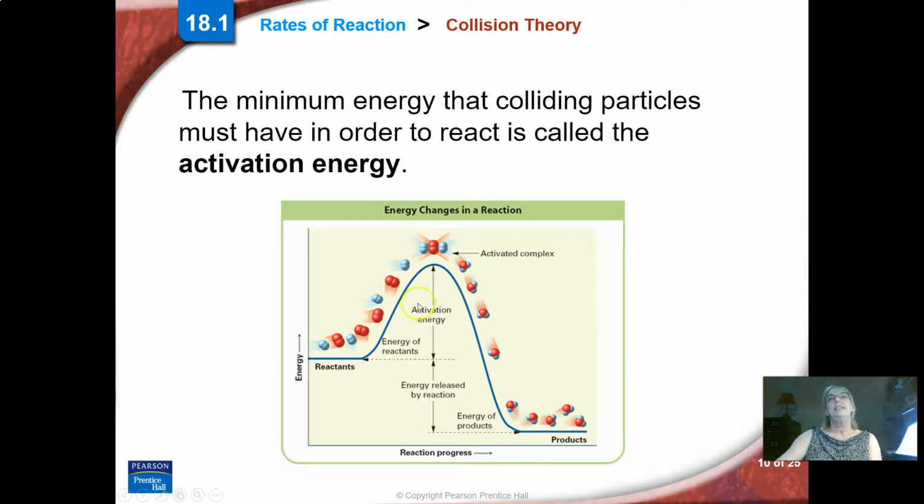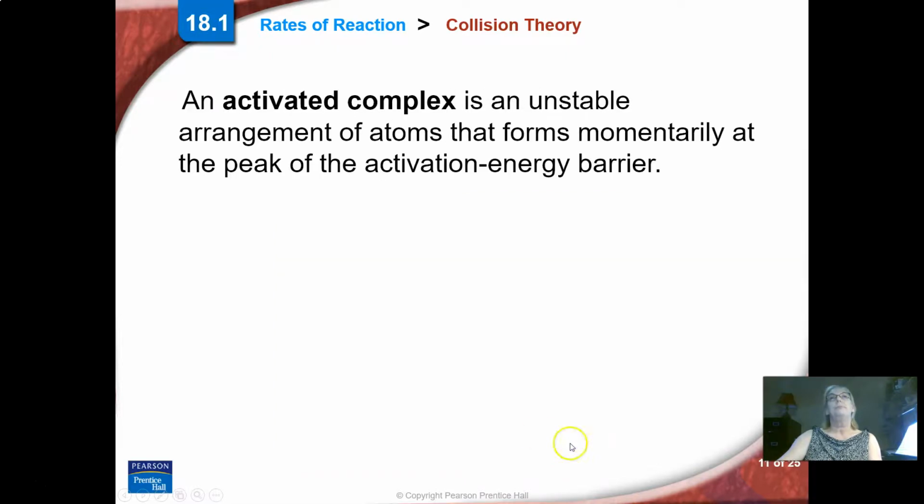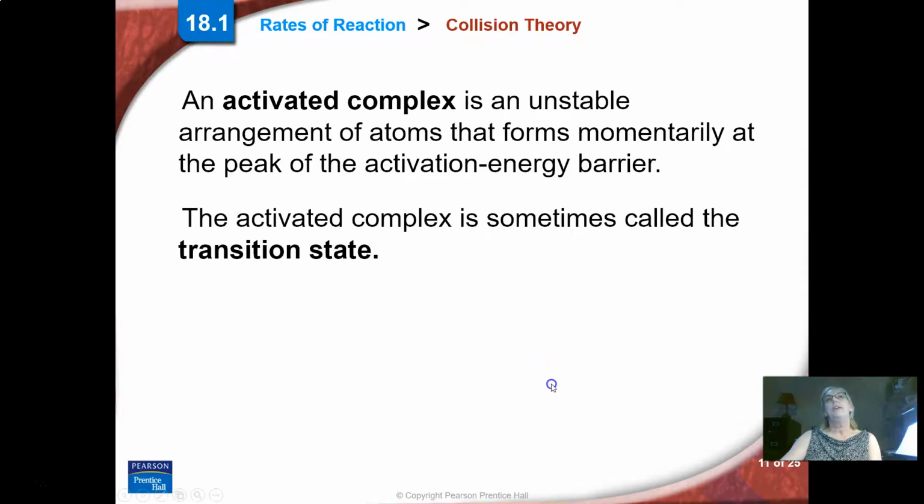The energy it takes to get to this activated complex is called activation energy. When your reactants are higher up than your products, you're going to release energy, and this is exothermic. The activated complex is an unstable arrangement that forms for a little bit before they break into the right products. It's sometimes called the transition state or activated complex.